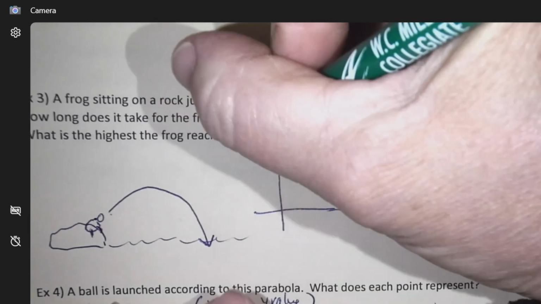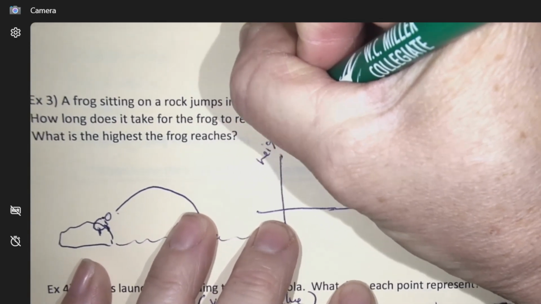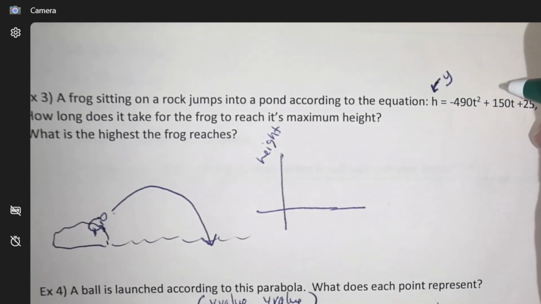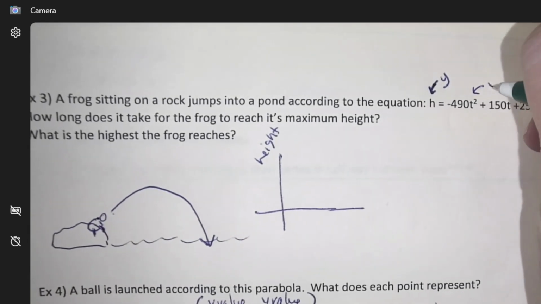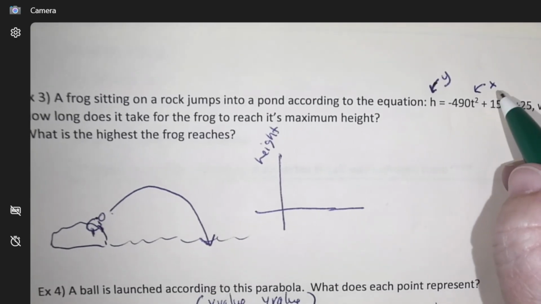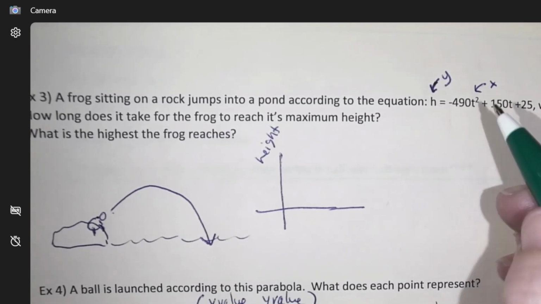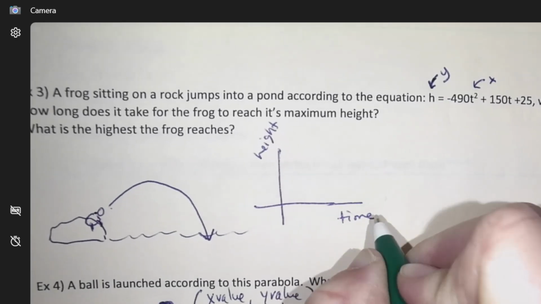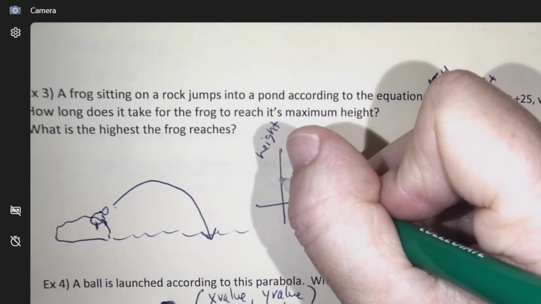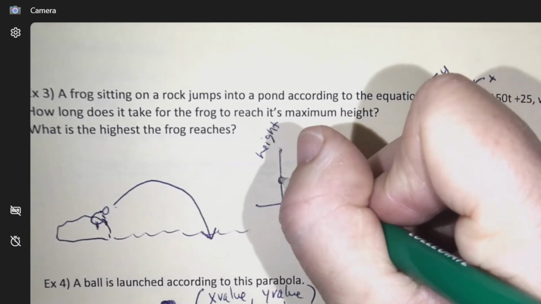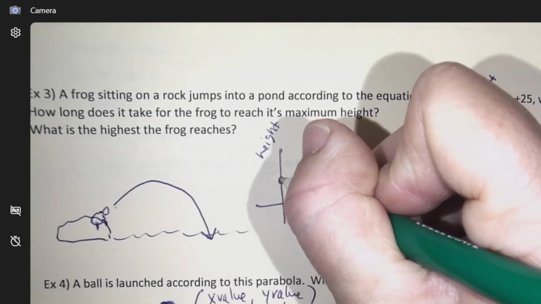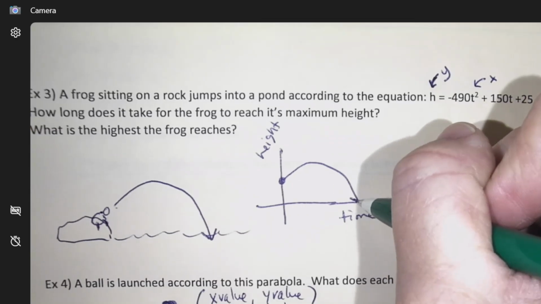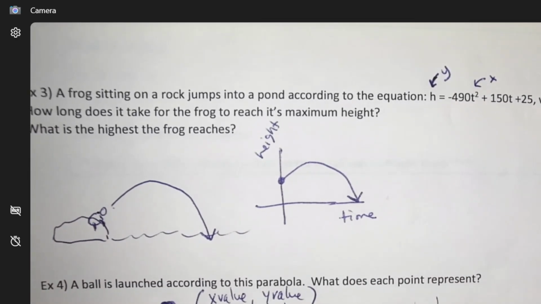So y is our height. And the letter T is where we usually put the x. So instead of on the x, I have the time. And then the frog was on top of a rock, so it was not on the ground. It was up, and then it jumped, and then it hit the water.